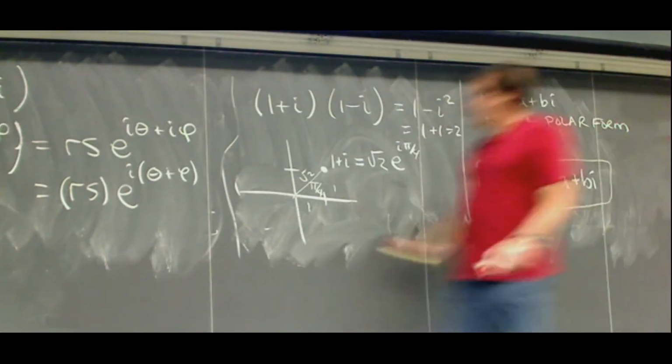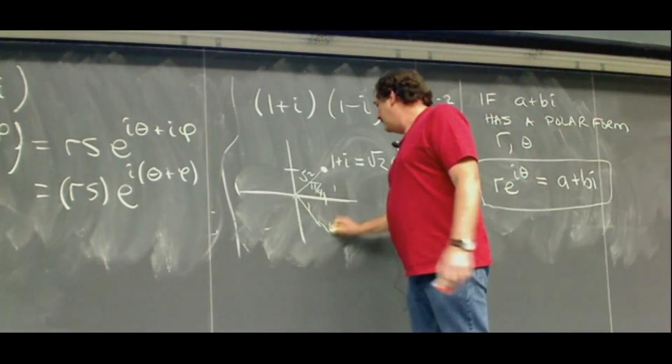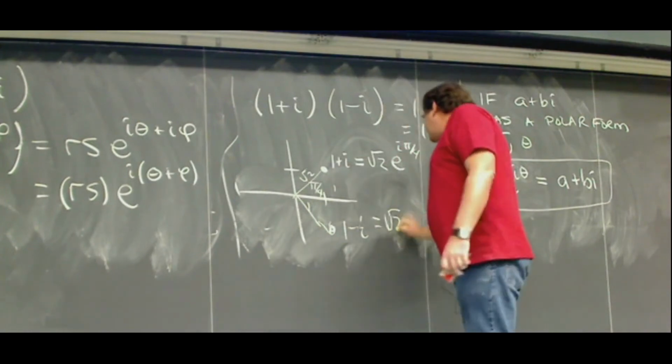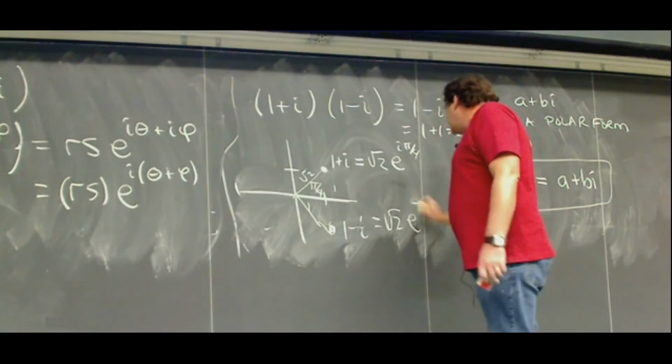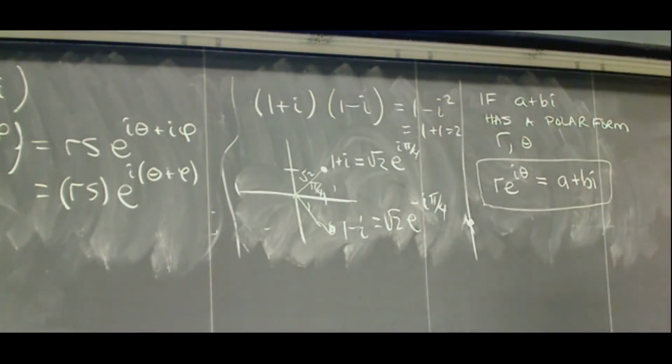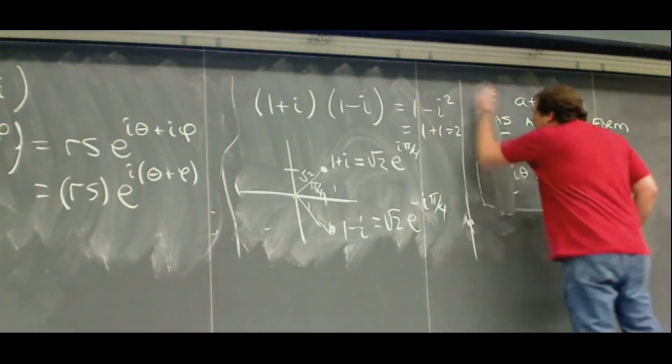And 1 minus i, this guy, square root of 2 e to the minus i pi over 4. When we multiply them together, we multiply the moduli and add the angles.